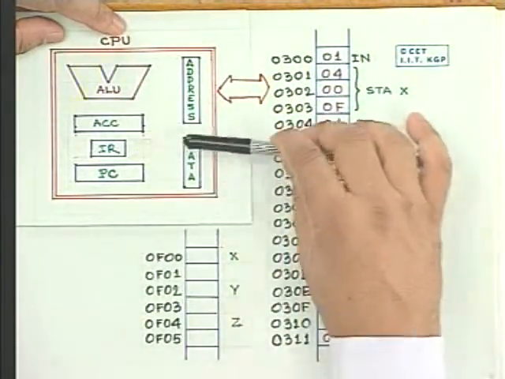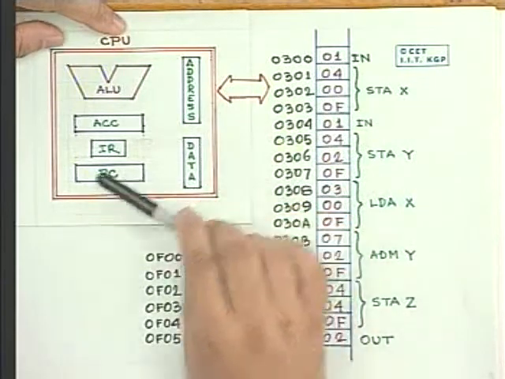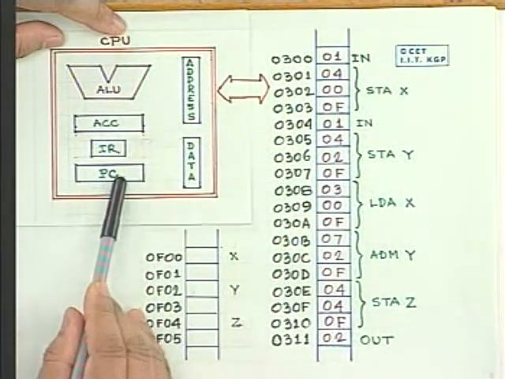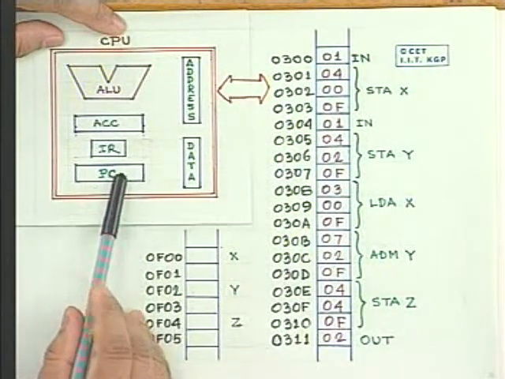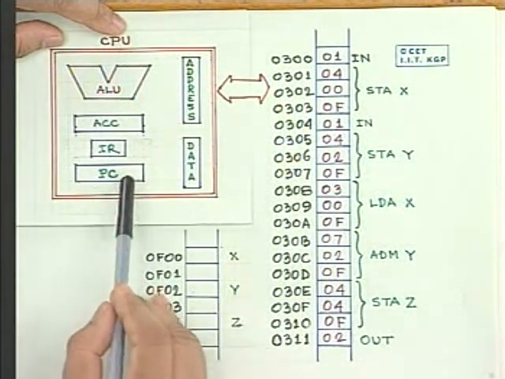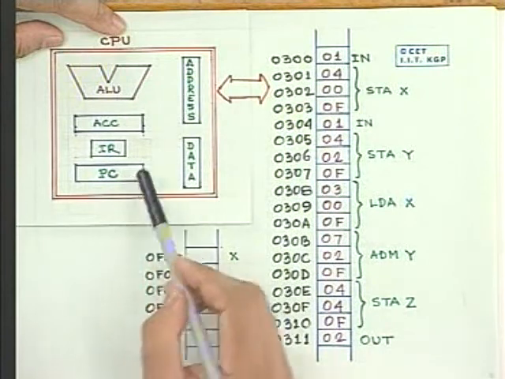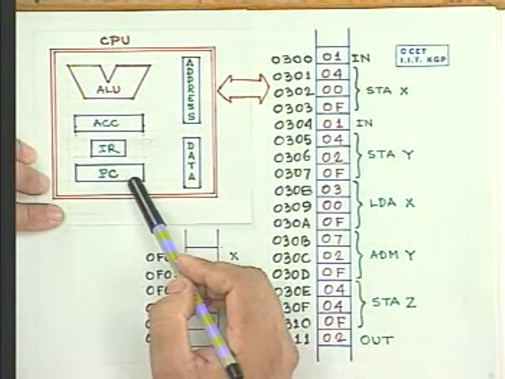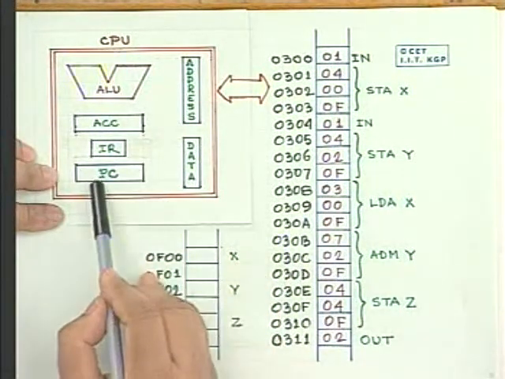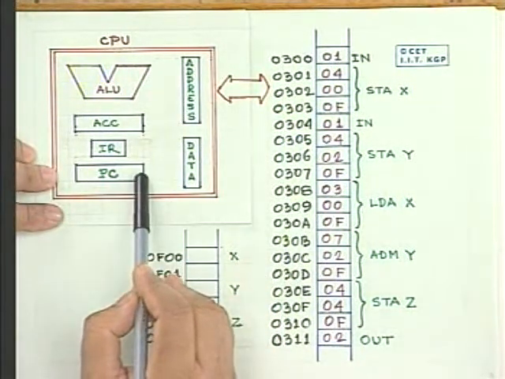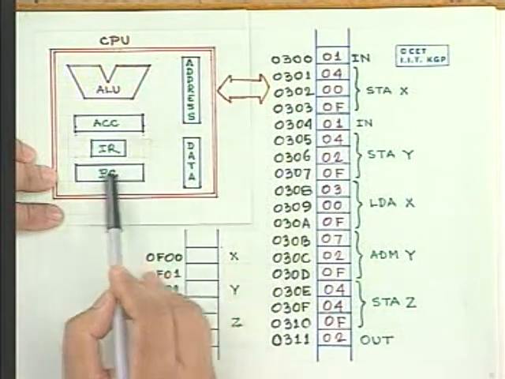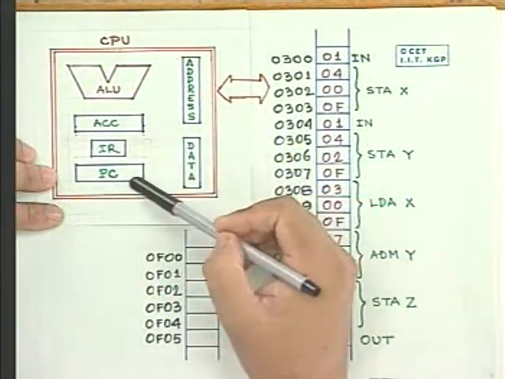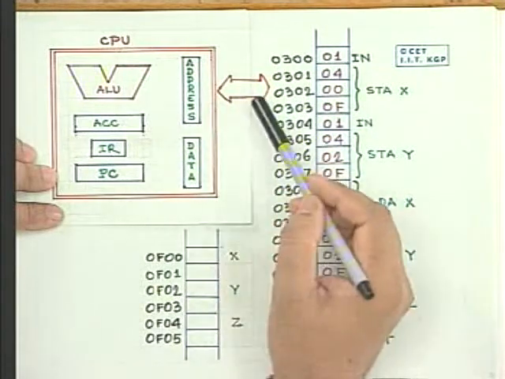To start with, somehow the program counter, which is a special register and special counter, keeps track of which particular instruction is going to be executed next. To repeat once more, the program counter is a register which contains the address of the instruction that is going to be executed next.